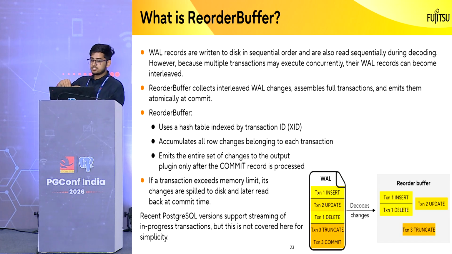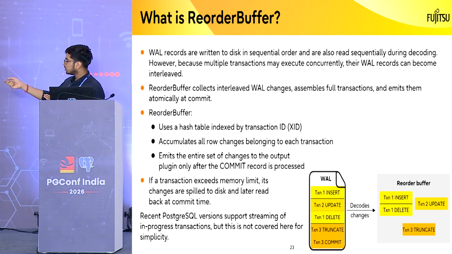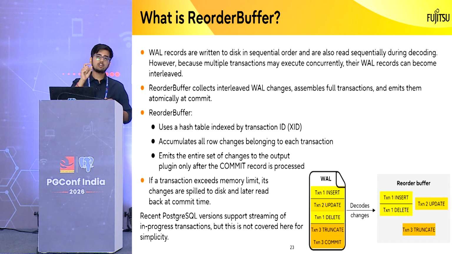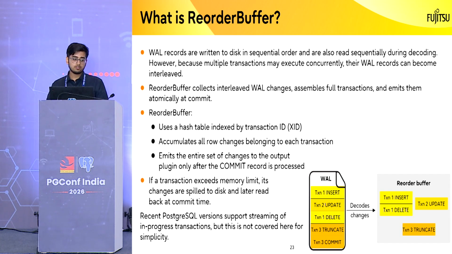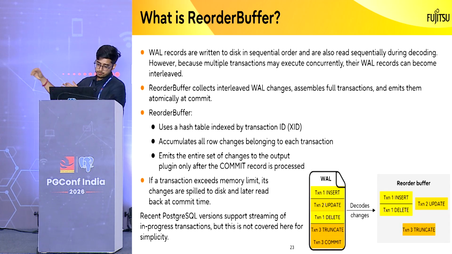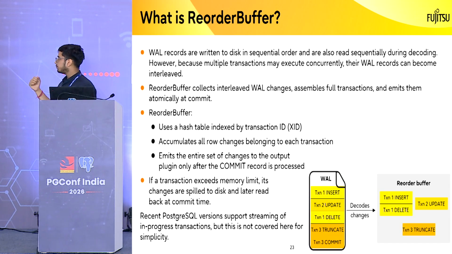While these changes are queued in the reorder buffer, it can happen that they exceed the memory limit set by the logical_decoding_work_mem GUC in Postgres. If it exceeds that memory limit, the changes are spilled to the disk, and at commit time they are all loaded back into memory for further processing. In the latest versions of Postgres, streaming of in-progress transactions is supported, but for simplicity I will not talk about that in my presentation.